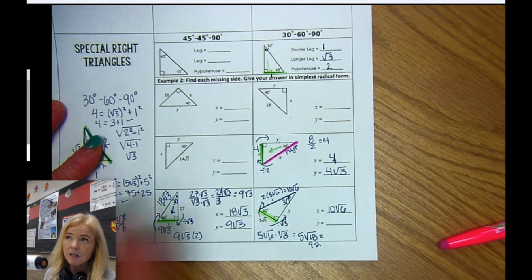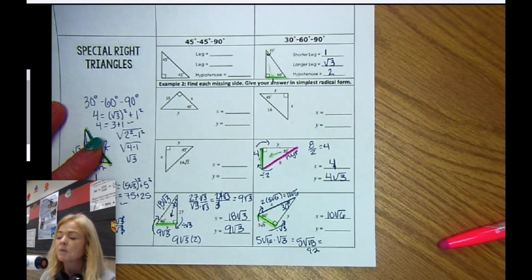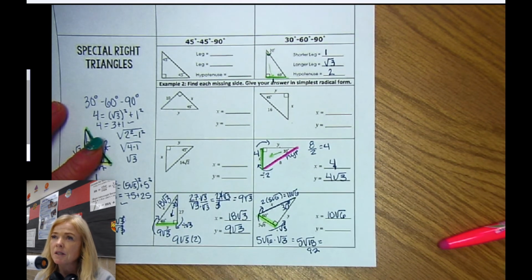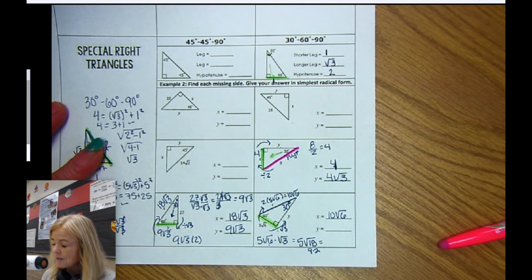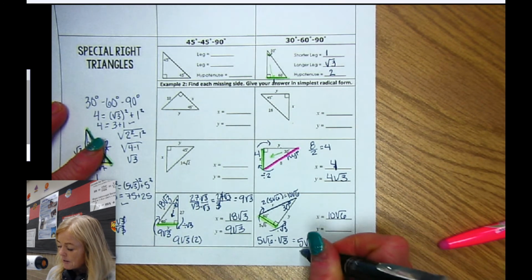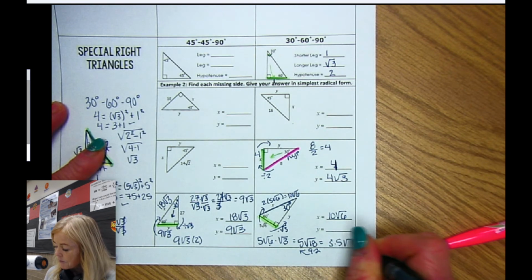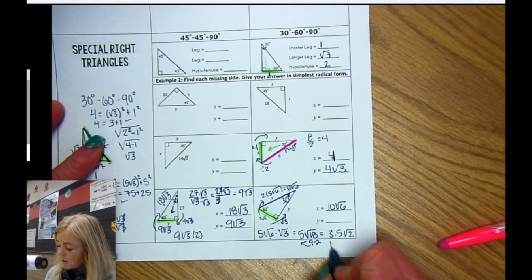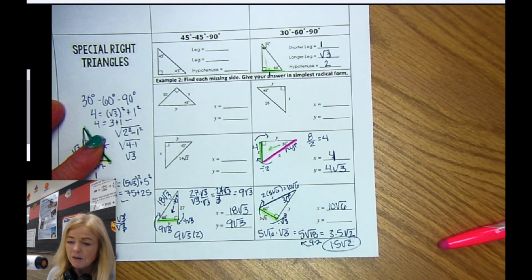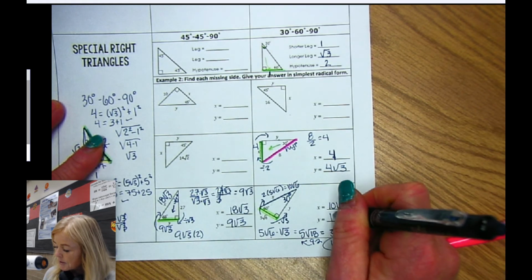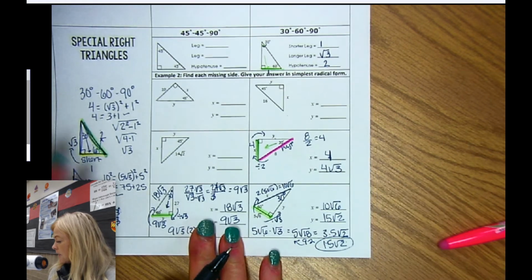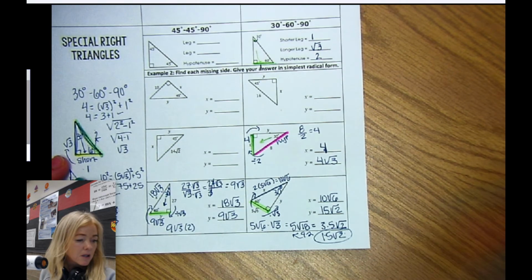We must take out from the square root any perfect square factor, which 9 is. It comes out as 3, and then it multiplies to the 5. So we have 3 times 5, radical 2 is left over, which makes 15 radical 2. All right, so that's 15 radical 2. And that concludes the first page.